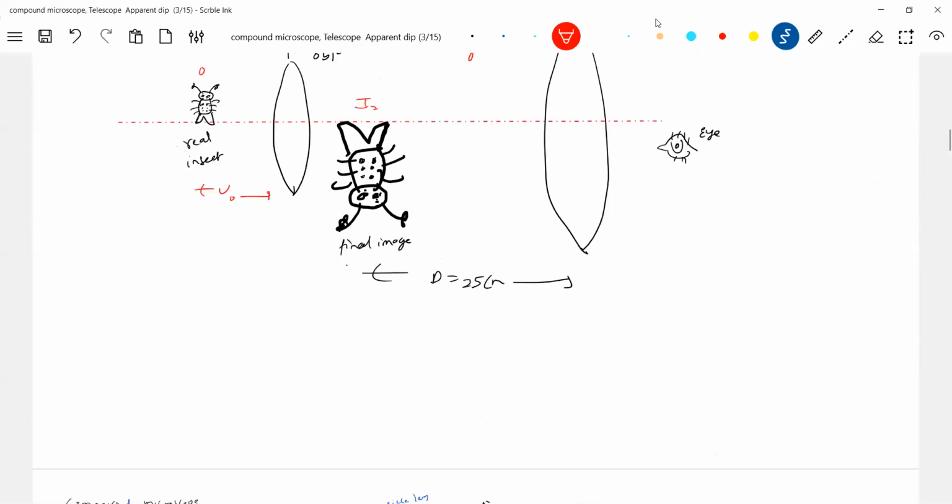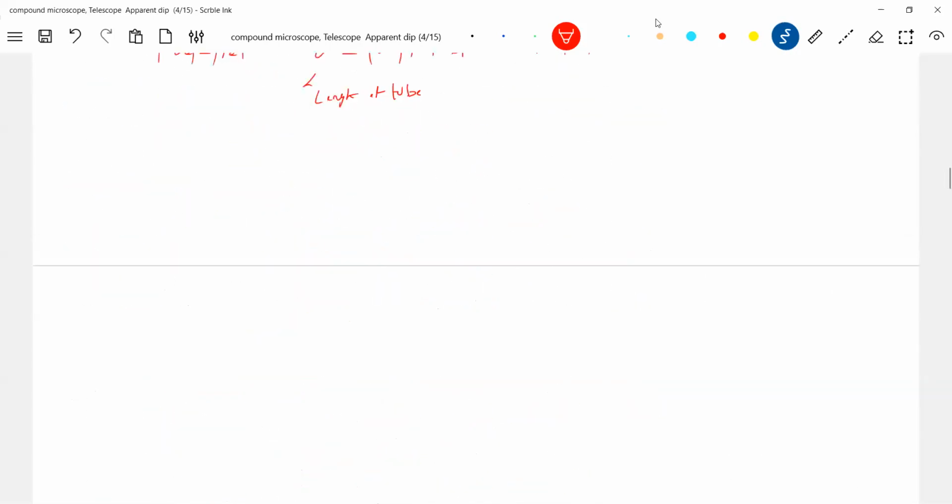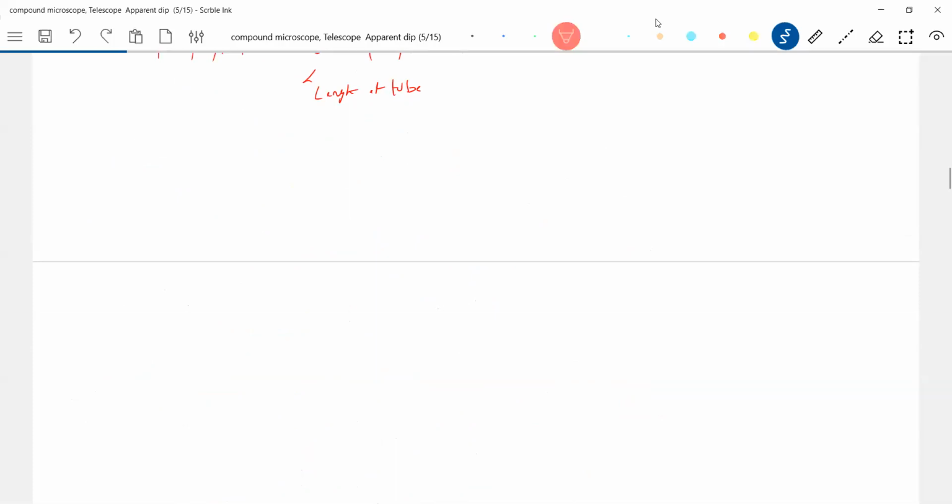Now, what is a telescope? It's an instrument used to view objects which are far away, like terrestrial objects, and heavenly objects like stars, moon, planets, comets, asteroids. For these objects, I wanted to view them. For that particular purpose, I'm bringing an instrument called a telescope. First, what we discuss is the astronomical telescope.